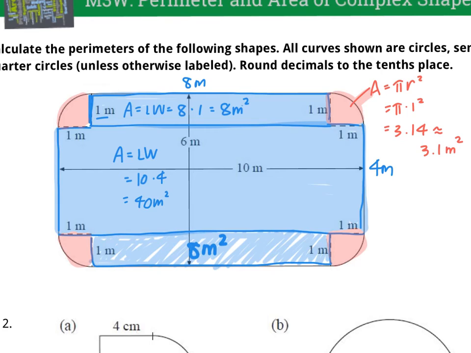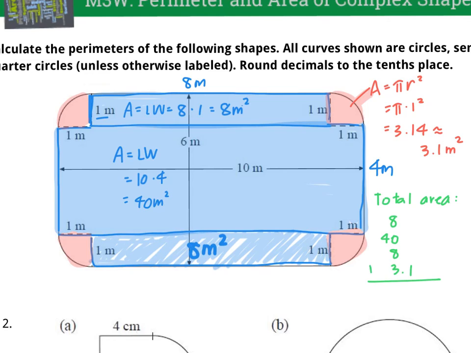All right, so now I want to find the total area of this entire shape that I've been looking at. And so to do that, total area is going to be the sum of all the areas that I found. So that top piece was 8 meters squared, the middle piece was 40, the bottom piece was 8, and then the circular piece was 3.1.